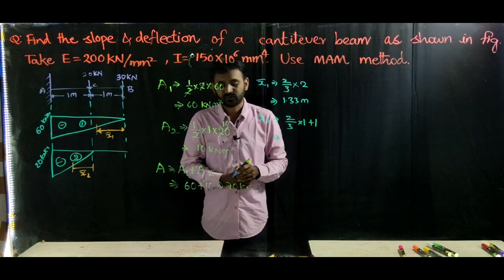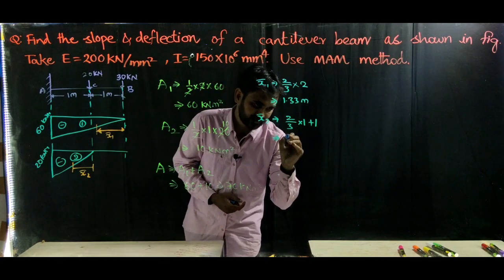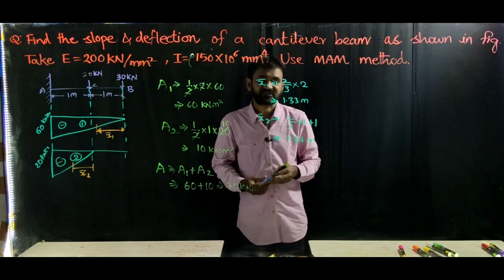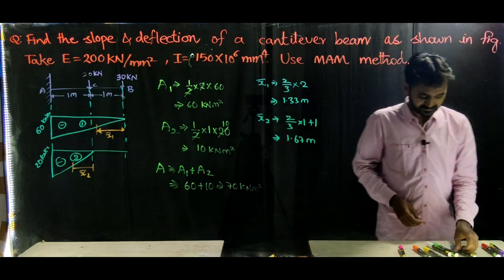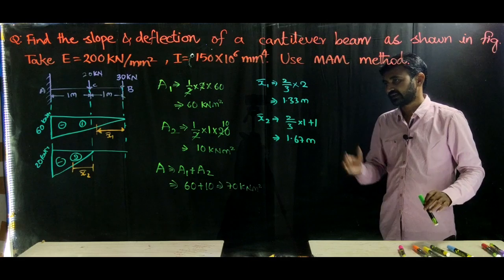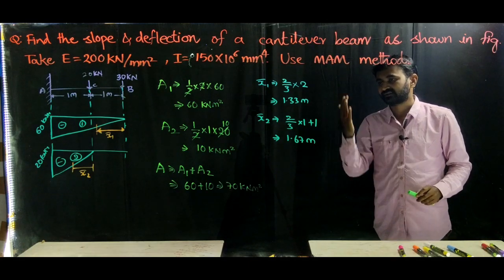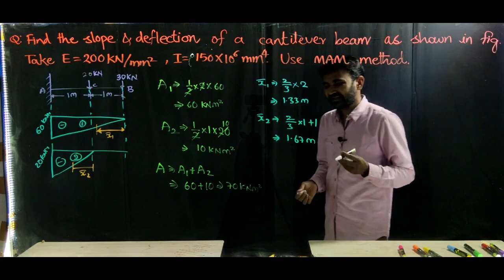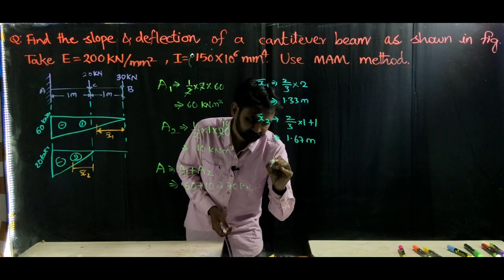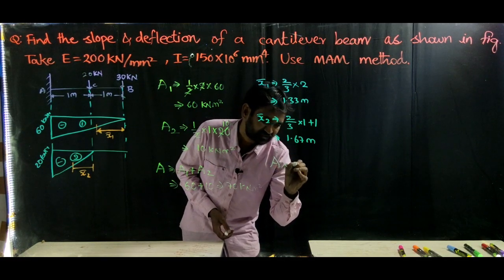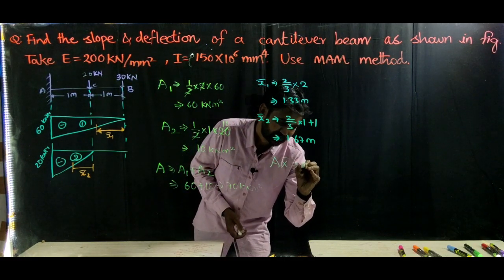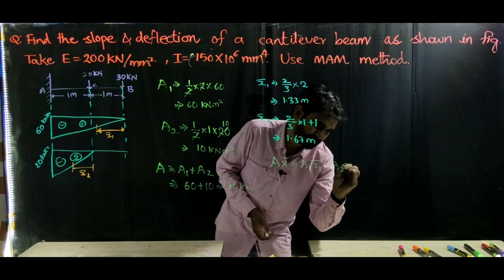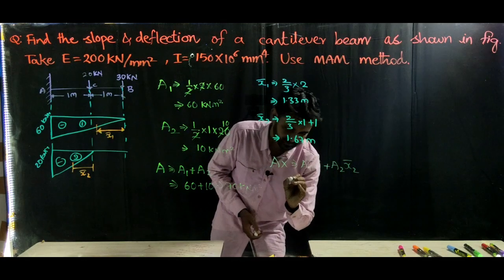So you will get the value of x2, that is 1.67 meters. You got A1, A2 and capital A, x1, x2, and you need to calculate A x bar. What is A x bar? It is nothing but A1 x1 bar plus A2 x2 bar.